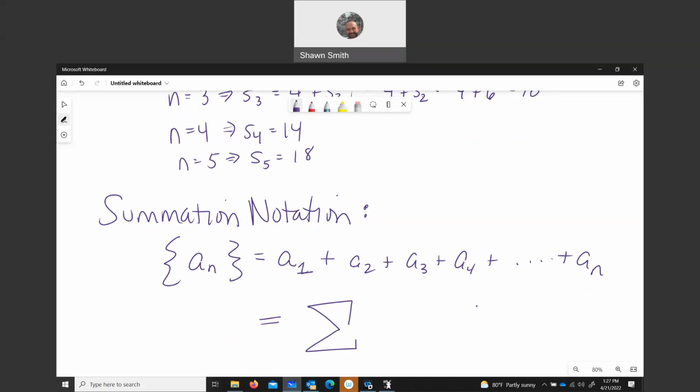But I'm going to put a substitute letter, k, so that a sub k will start with k equals 1 right here, all the way to the last term, in this case n, so n at the top. K is called the index.